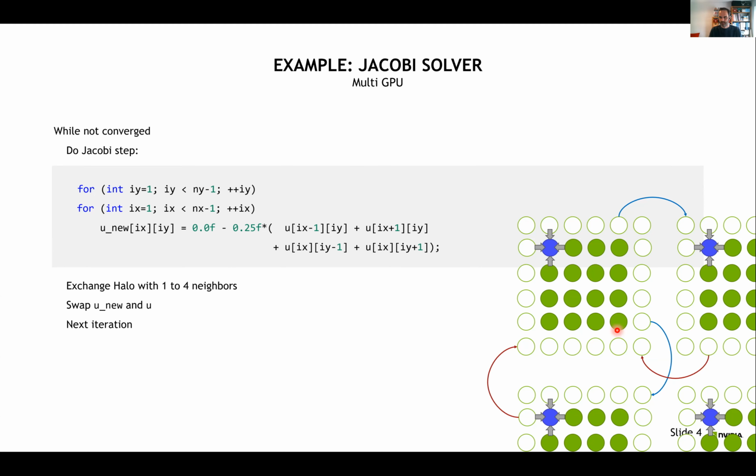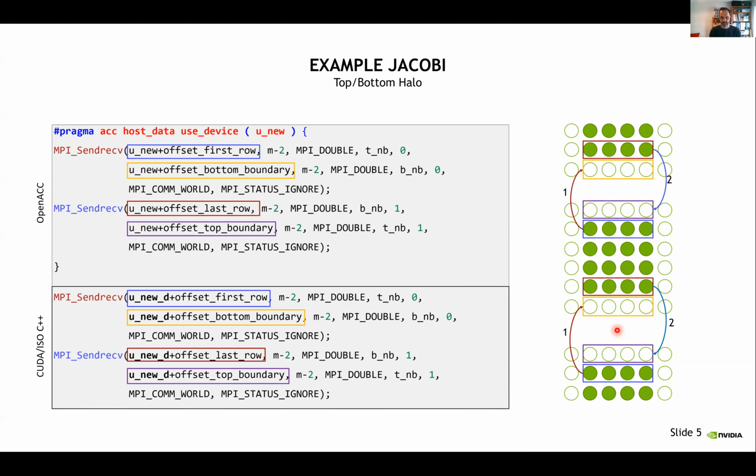As said, for brevity this is expressed with MPI send and receive, and if you know MPI, that works as expected. You pass in the references to your device memory for the communication. In a first communication step, and that's one way to orchestrate the communication, each rank sends the first row of its interior domain to its top neighbor, and at the same time receives from its bottom neighbor into its bottom halo.